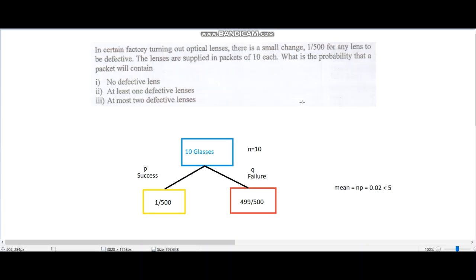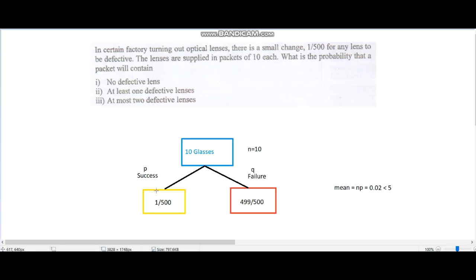In the question, we have to find the probability that a packet will contain no defective lens, at least one defective lens, at most two defective lenses. So all these things are related to the defective lenses. It only tells us to find the probability of these defective lenses. So it will be easier for us to interpret success as the probability of getting defective lenses.